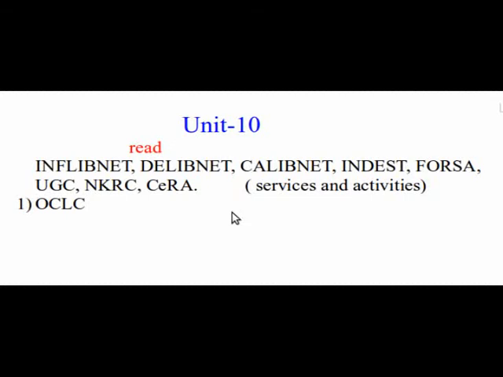Their services and activities, and some objectives, are the same for all, so it's easy to remember, don't worry. Next, OCLC is also important, and you must read that.